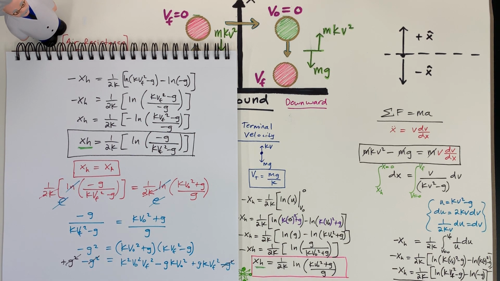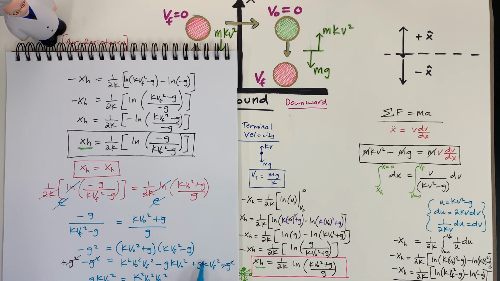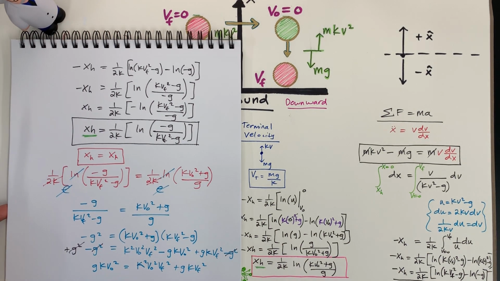And let's see what else we can do to try to get v final alone on one side. So let's take this to the other side, where we're gonna have a positive g k v initial squared, and we're gonna leave this term and this term on the right side. So we're gonna have k squared v initial squared v final squared from here, and from this term we have plus g k v final squared. Okay, so we're almost there.